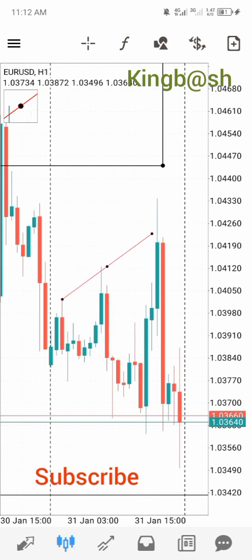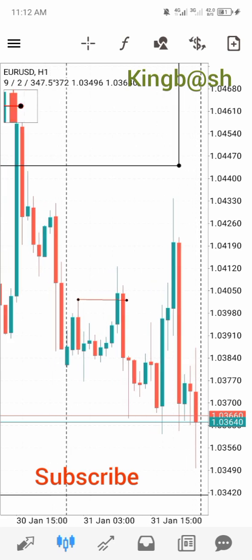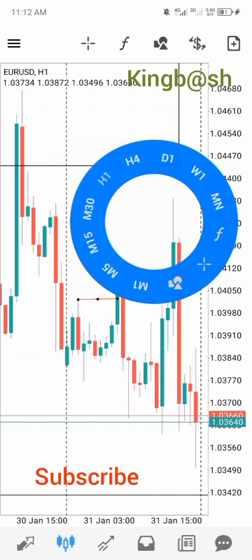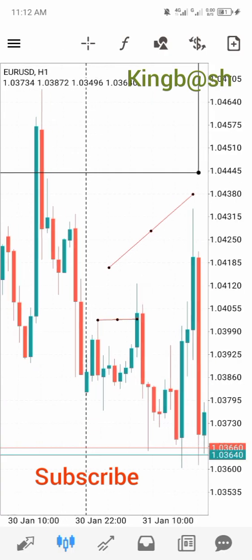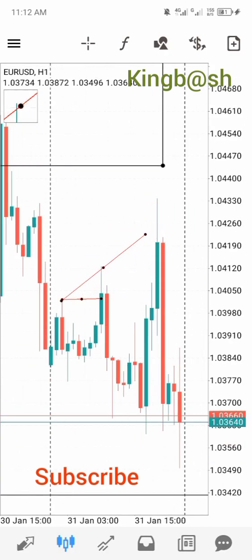There is an area of liquidity here. You see, before price will go down, price has to come and attack the buy side liquidity before it goes for the sell side. If price is selling, it attacks the buy side liquidity. It takes orders here on the buy side above here, then goes down to attack the liquidity here below.